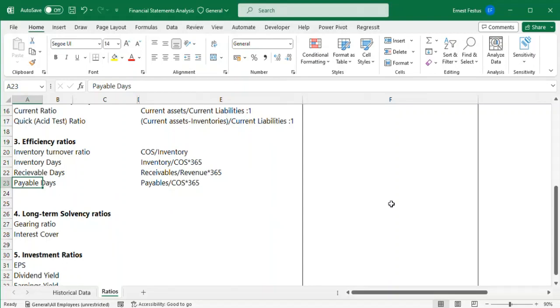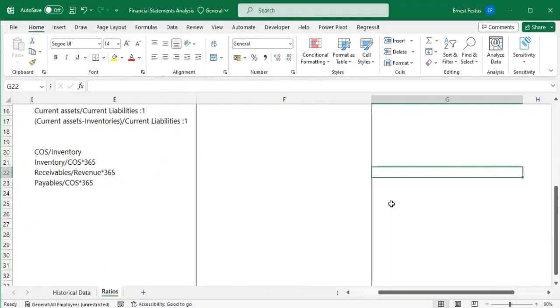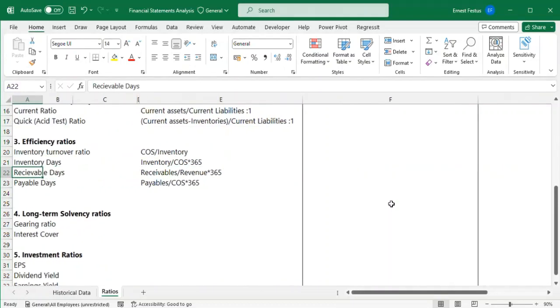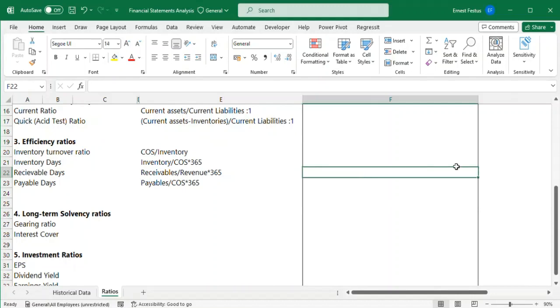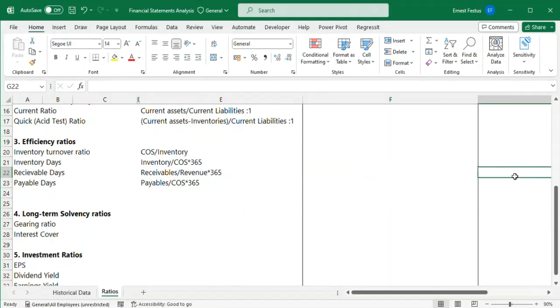To improve your receivable days, you can introduce settlement discounts. You can say that if you are able to pay within 15 days or 20 days after the purchase, you will be entitled to, let's say, a 15% discount of the gross amount, or the receivable amount.